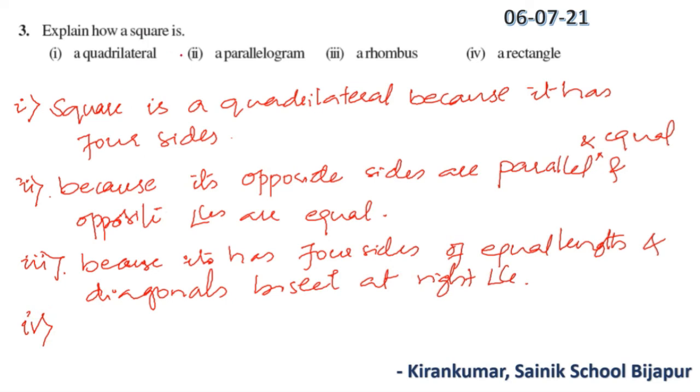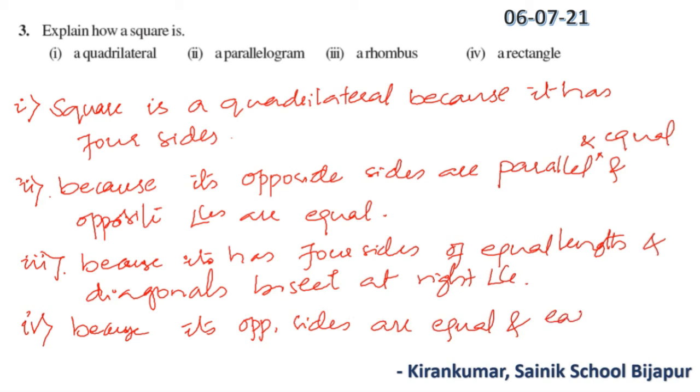Third one, explain how a square is a rectangle. Square is a rectangle because its interior angle is 90 degrees. All its interior angles are equal and its opposite sides are equal. So let me mention because its opposite sides are equal and each angle is 90 degrees.